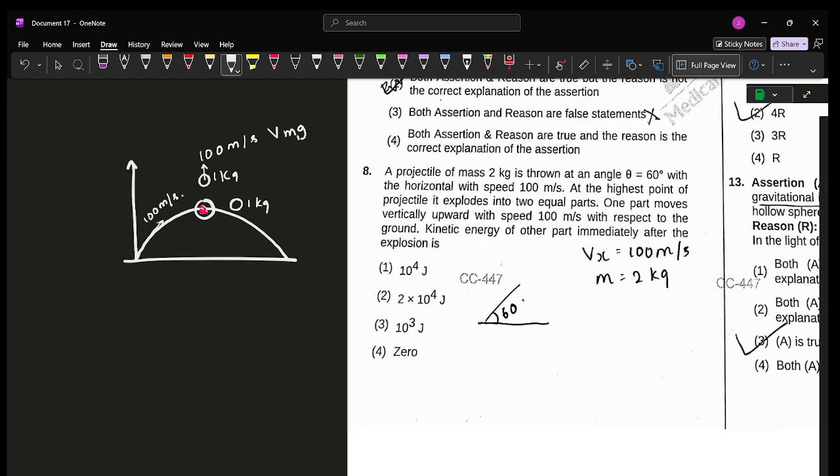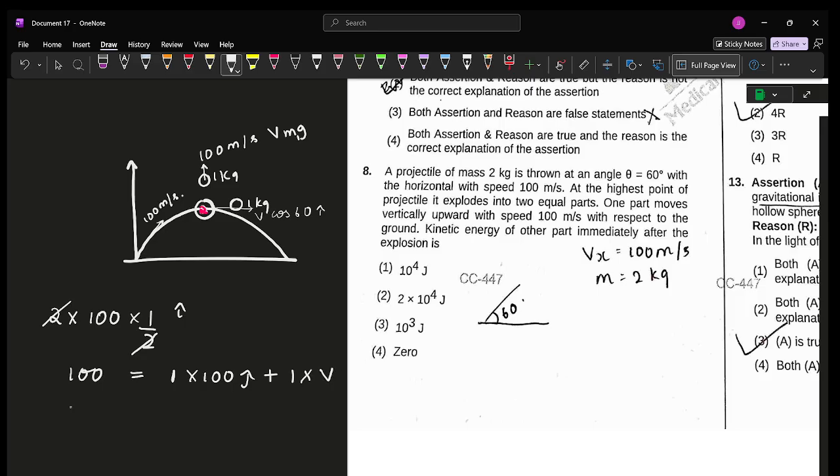Okay, momentum. For momentum, yes, vector does matter. So I could do it like v cos 60 i cap. So m into v cos 60, which is 1 by 2 i cap, is the initial, and final is 1 kg into 100 j cap plus 1 kg into v.